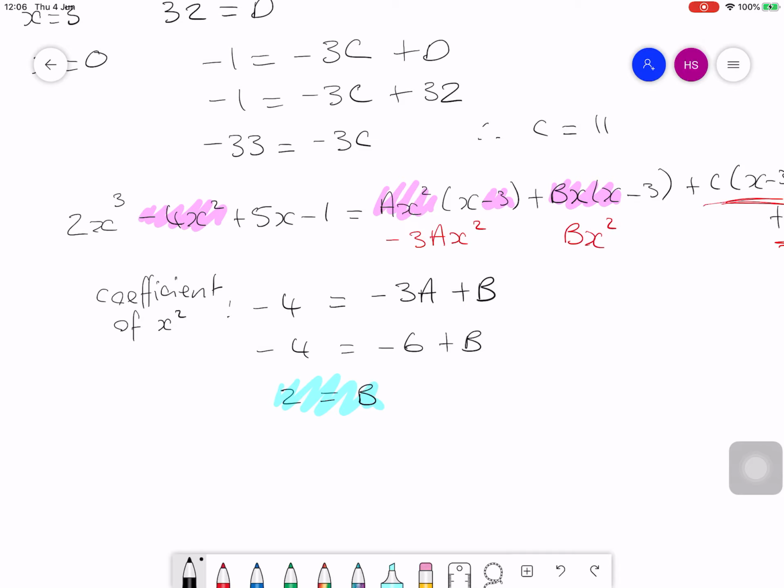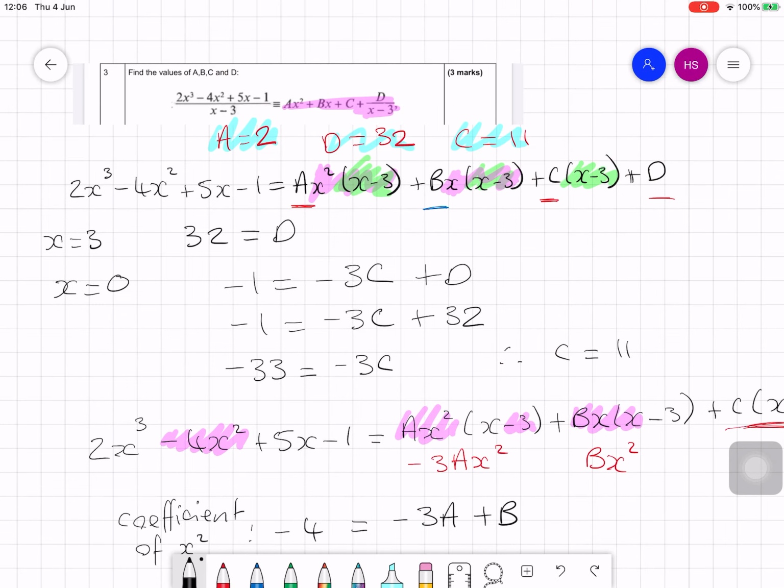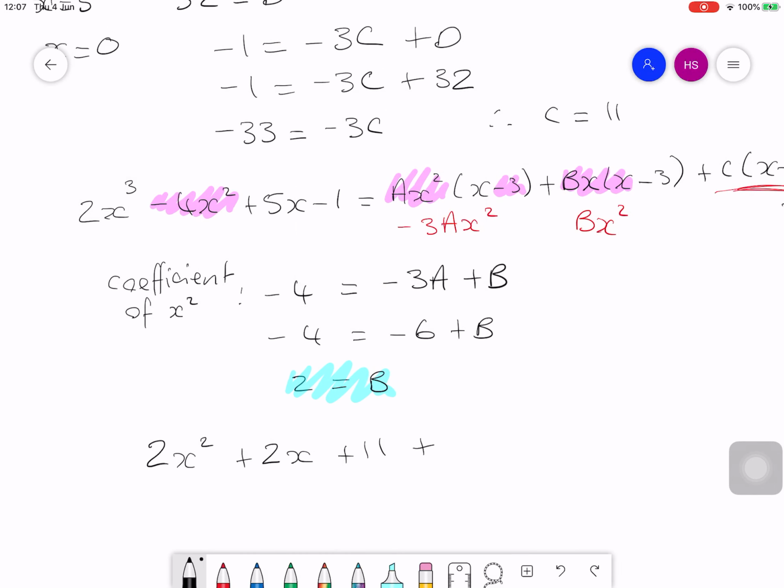So a was 2, and that was the coefficient of x squared. So it was 2x squared. B was also 2, so 2x. C was 11, so plus 11, and D was 32, and that was over x minus 3.